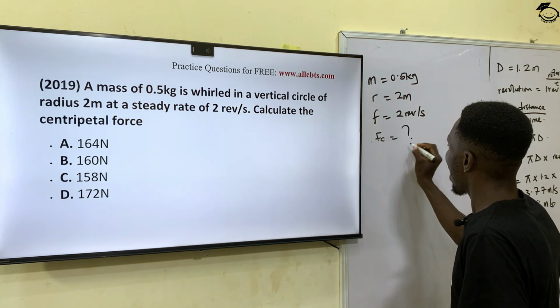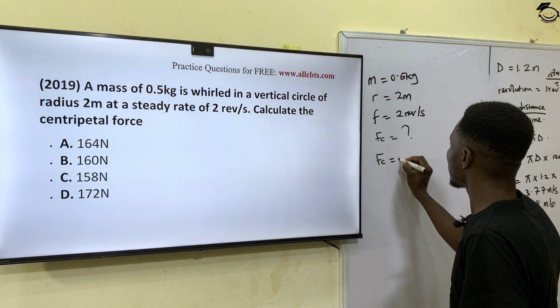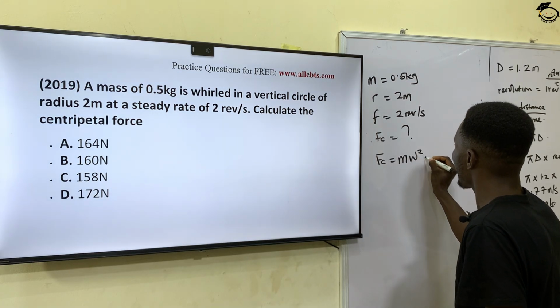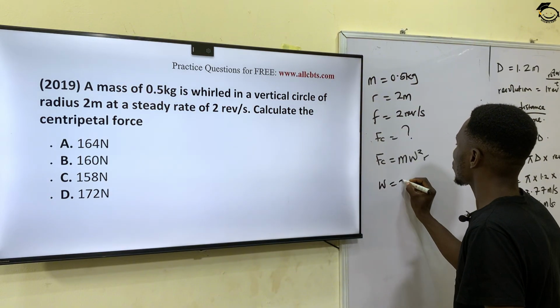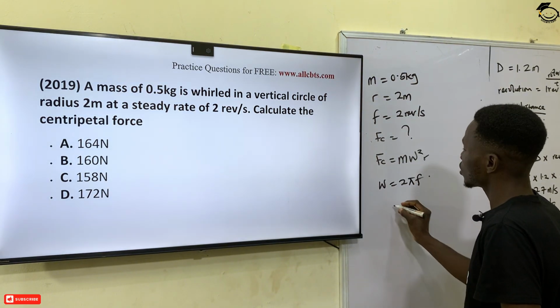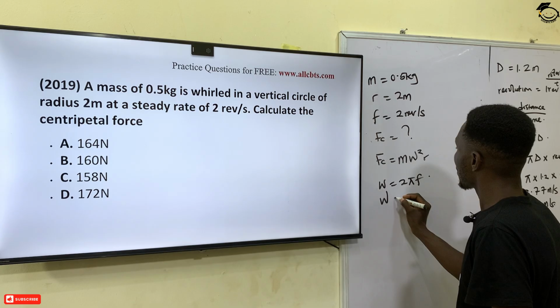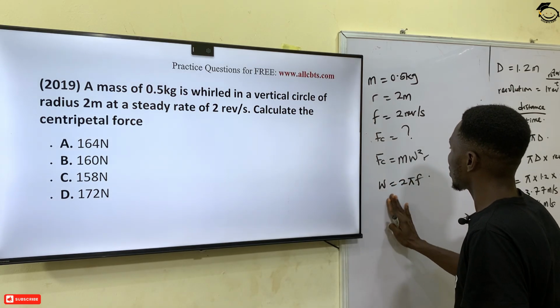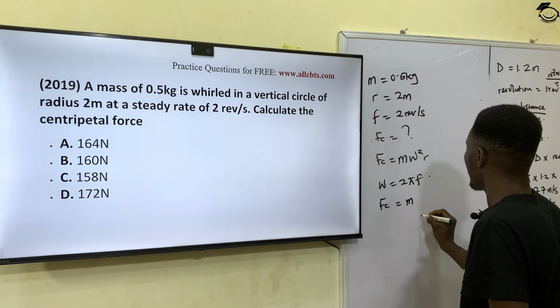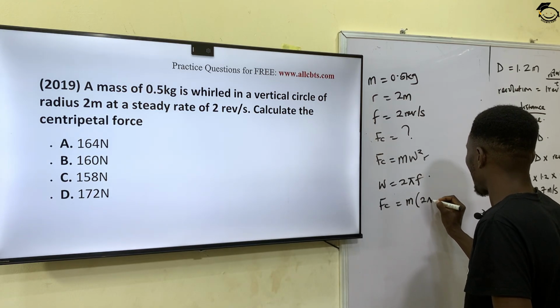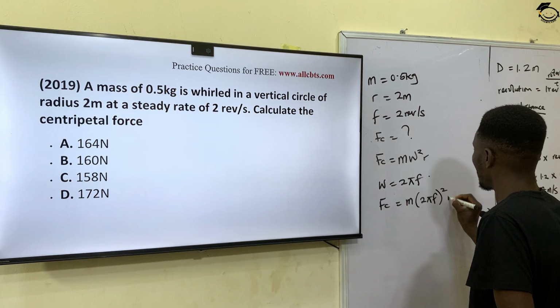We do not know it, and we know that centripetal force is equal to m omega squared r. So in order for us to find omega, we know that omega is equal to 2 pi f. So if I substitute that into my centripetal force, my centripetal force here will become m times 2 pi f squared times r.